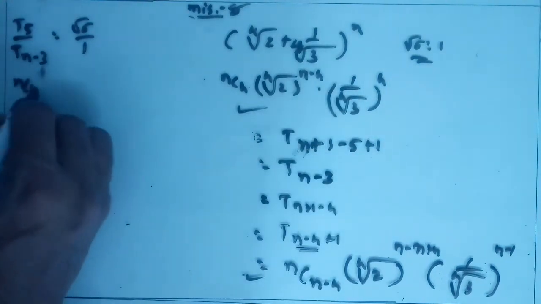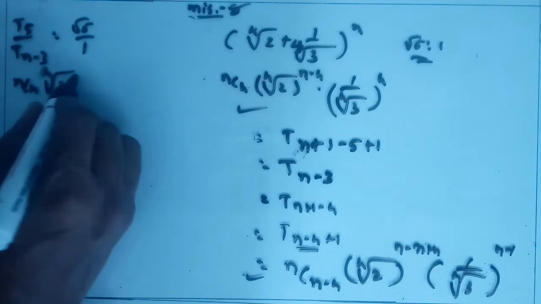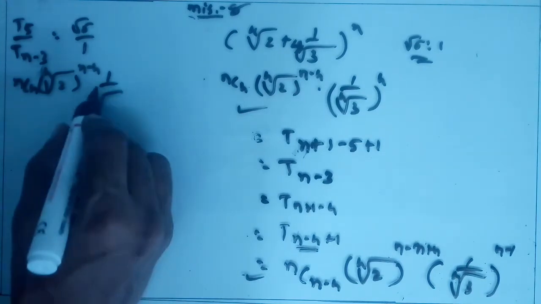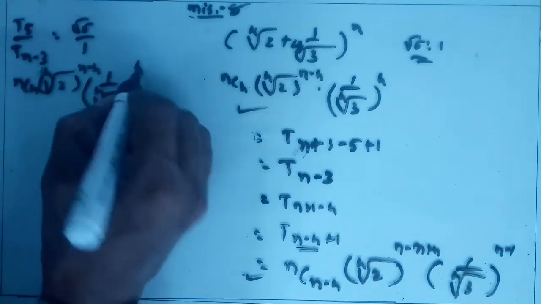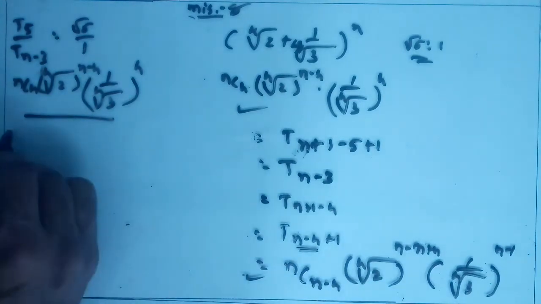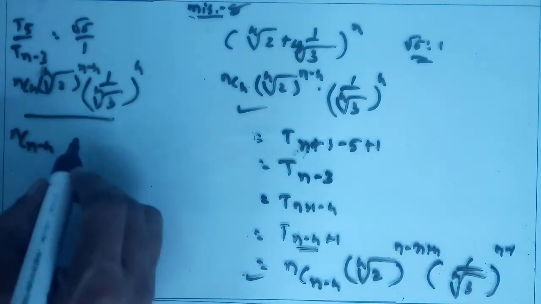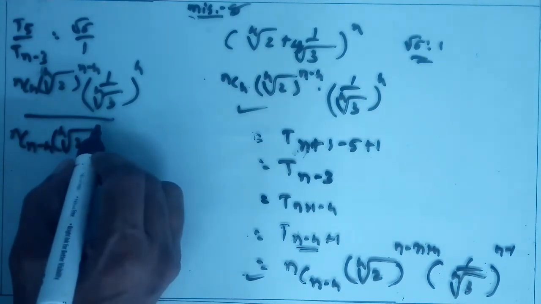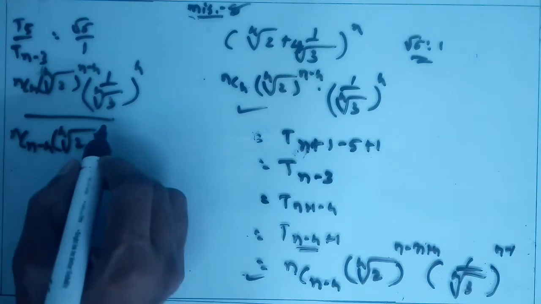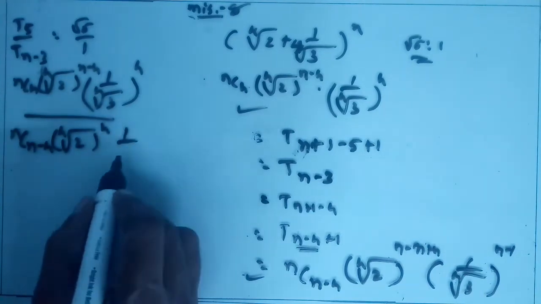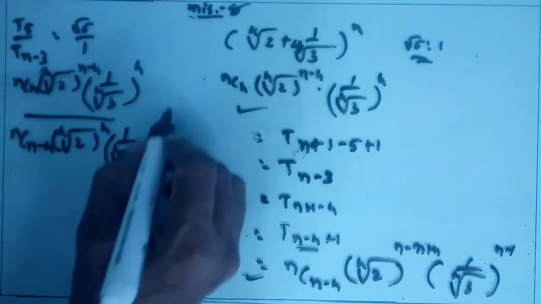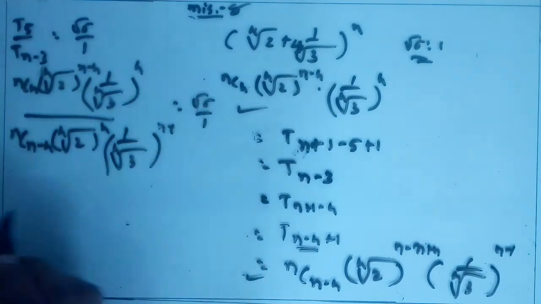So NC4 fourth root of 2 raised to n minus 4 and 1 upon fourth root of 3 raised to 4, upon NC n minus 4 into fourth root of 2 raised to n minus n plus 4 becomes 4, into 1 upon fourth root of 3 raised to n minus 4, is equal to root 6 upon 1.